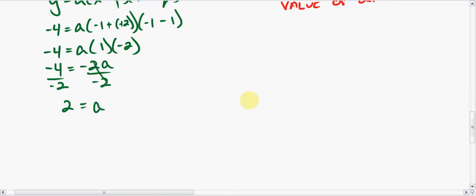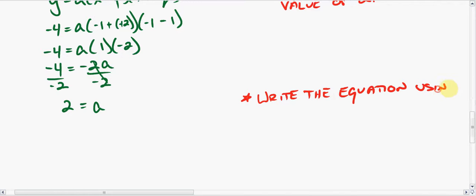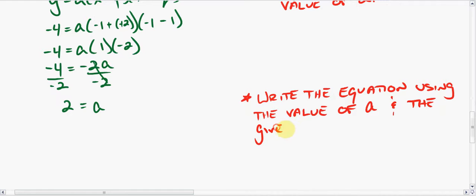So now we want to write our final answer. So we're going to write the equation using the value of a, I'll make that a little bigger, the value of a, and the given x-intercepts.